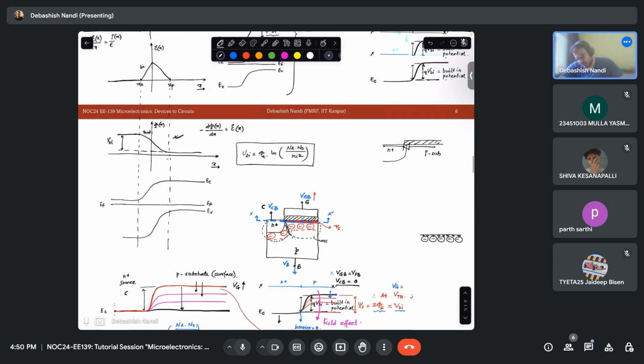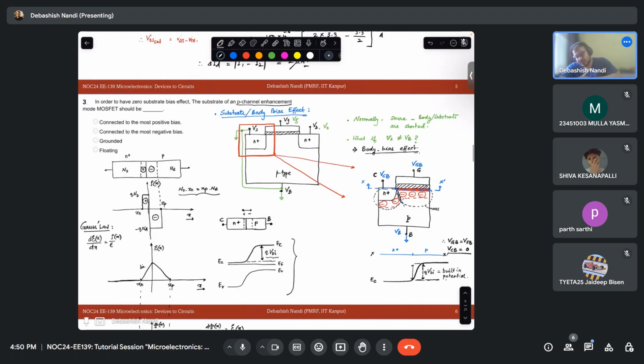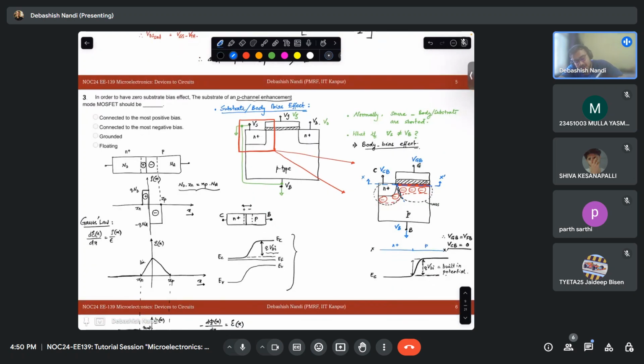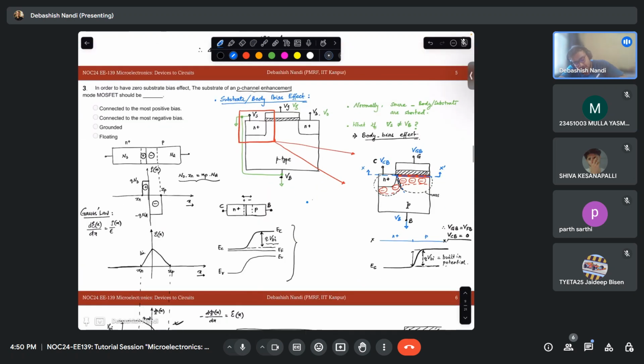So, what was the question? Moral of the story, your substrate bias effect or body bias effect will not be present if your VSB is equal to 0.